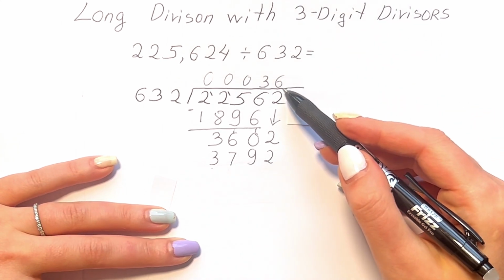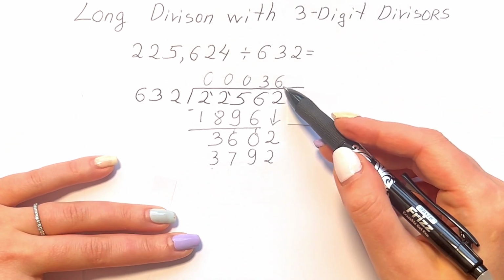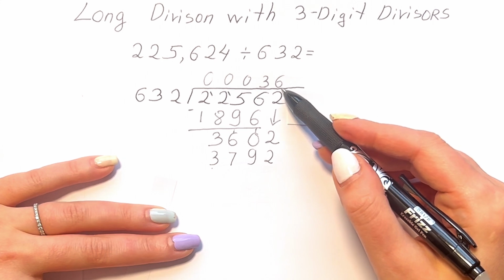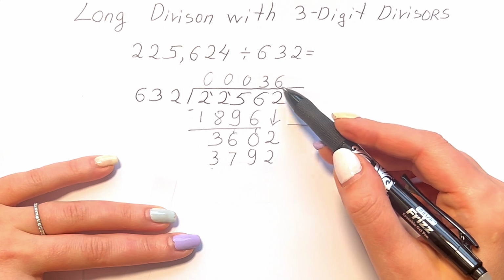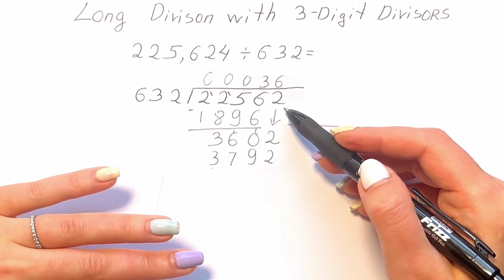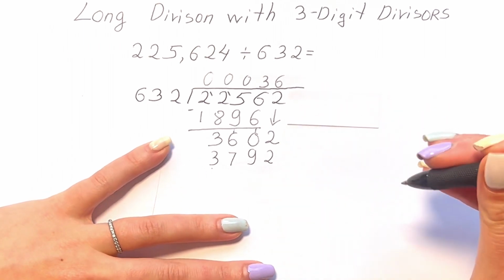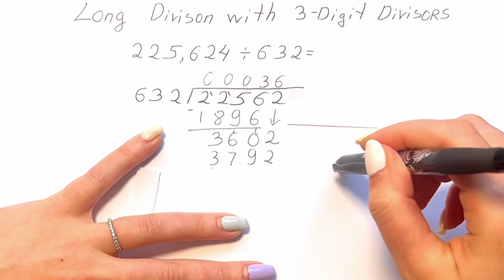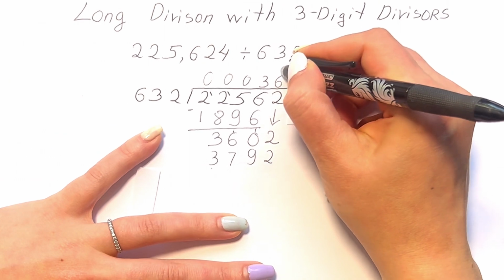So what we're gonna do, when the imaginary number is not working, we're just gonna bring one digit down. 6, one digit less will be 5. Okay, so we're gonna erase the last step that we did with the 6.